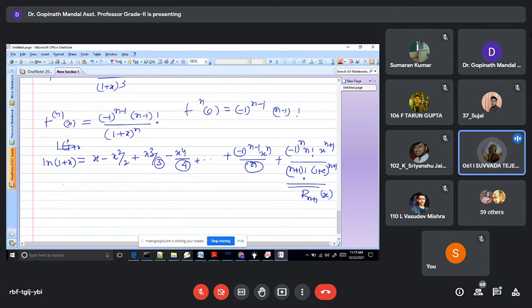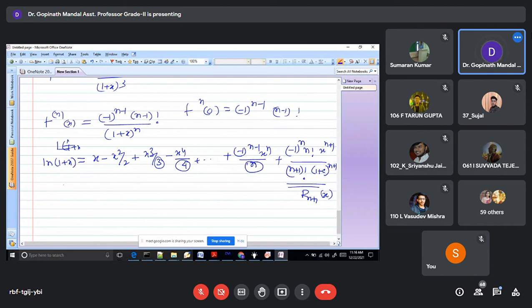I have another doubt, sir. Why does Taylor stop with the remainder R n plus 1? We have other remainders also, R2, R3, like an infinite expansion. If we put n equal to 1, 2, 3 and so on, we get the remainder.